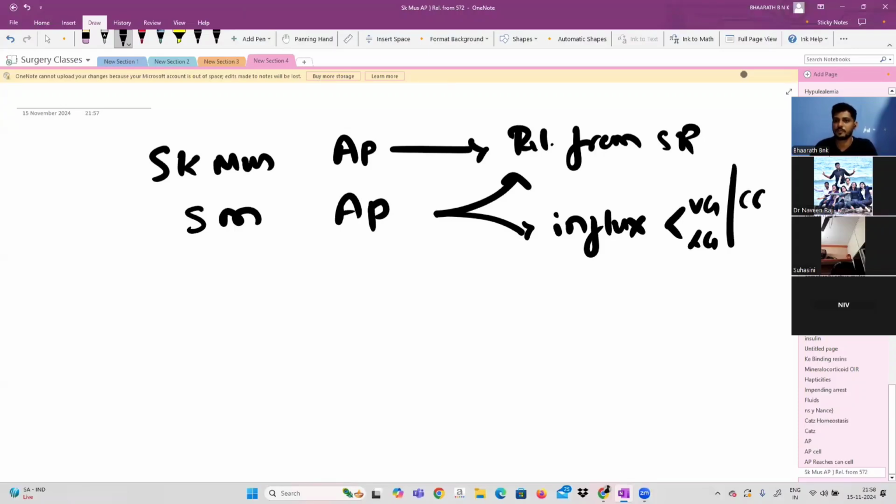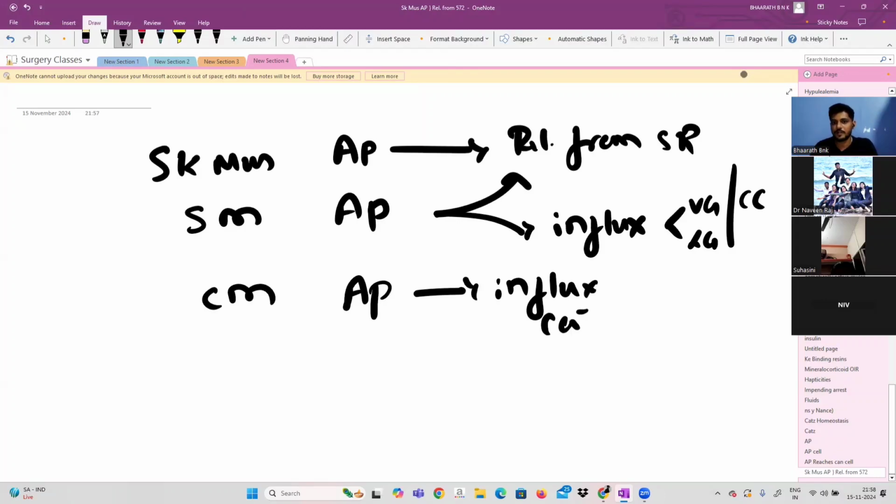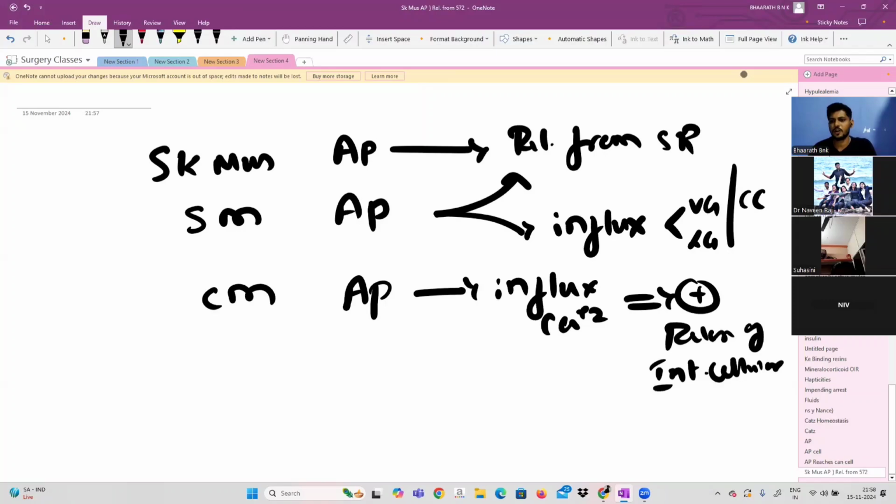Both of them form calcium-calmodulin complexes that will activate the myosin light chain kinase that phosphorylates the myosin that interacts with the actin. But what happens in cardiac muscle is once the action potential reaches, this causes the influx of calcium, and whatever calcium has influxed will stimulate the release of intracellular calcium. So this is just a basic difference in how calcium acts in different muscle groups.